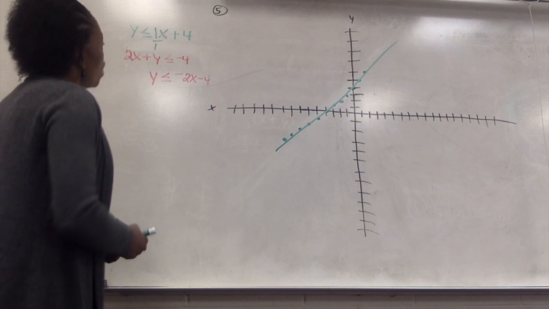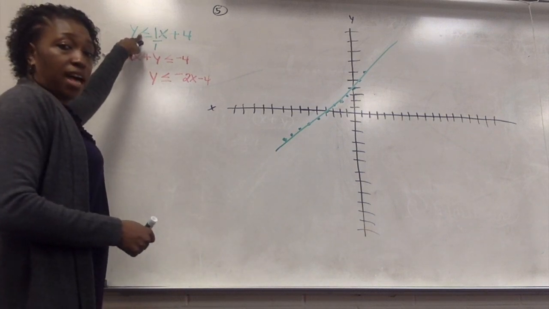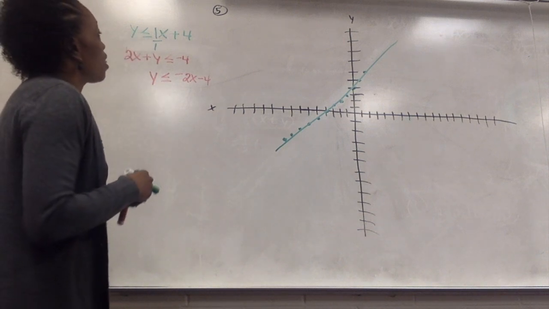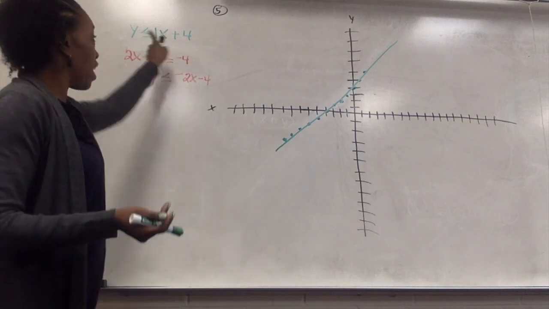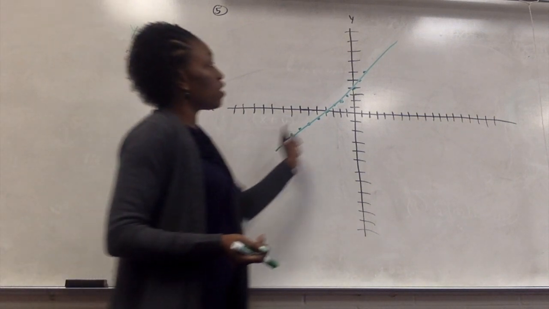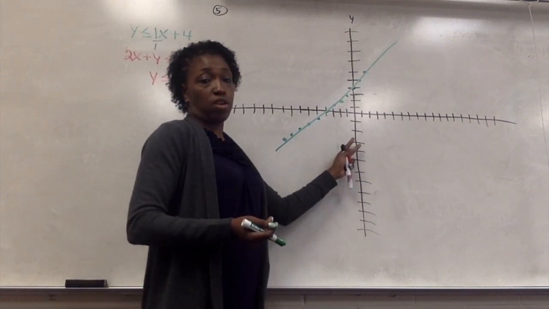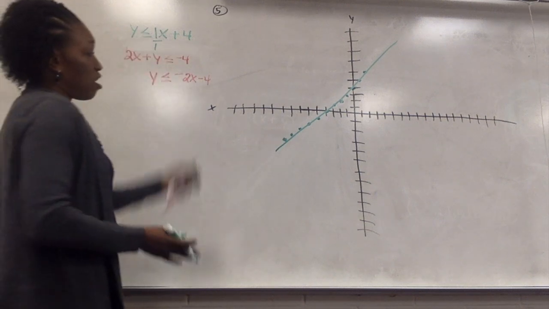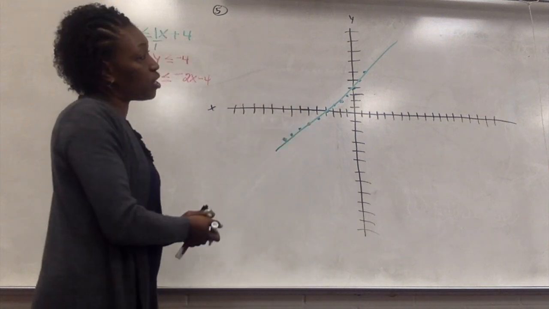So what that means is I now have to look at my sign here, which is a less than sign, and that's telling me that all the dots that are less than, which means fall below this line, are also included in the inequality. So I'm going to have to shade that entire area because all of those are included.